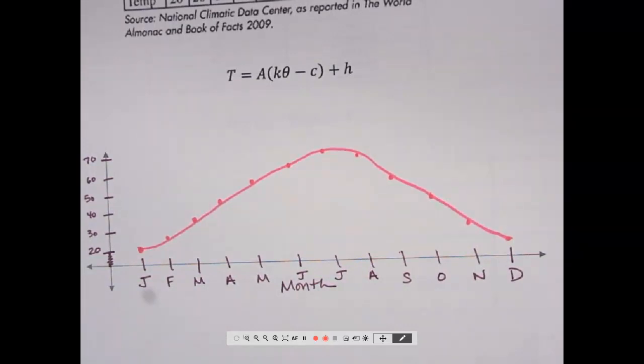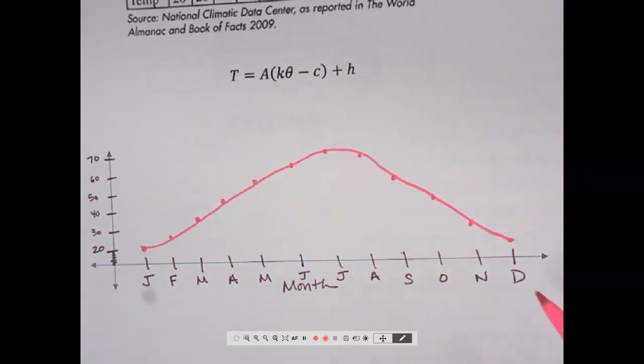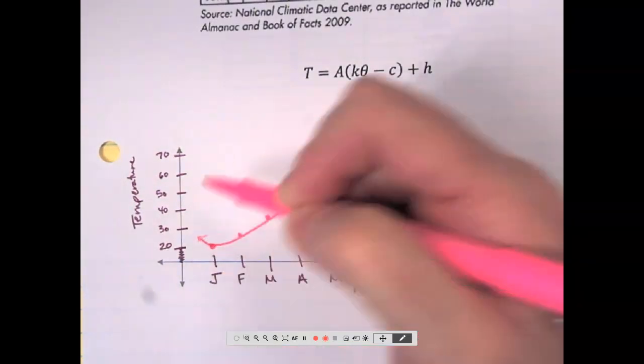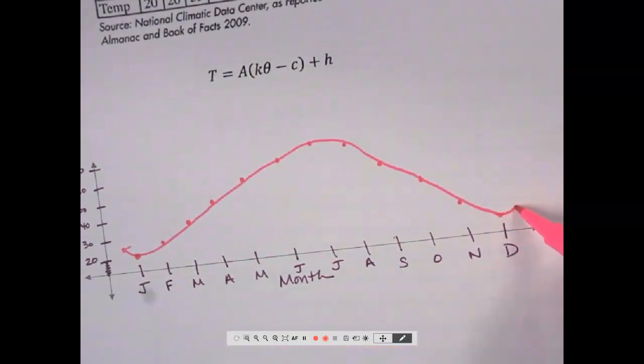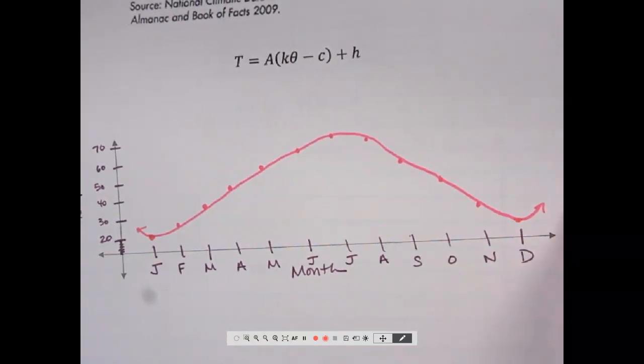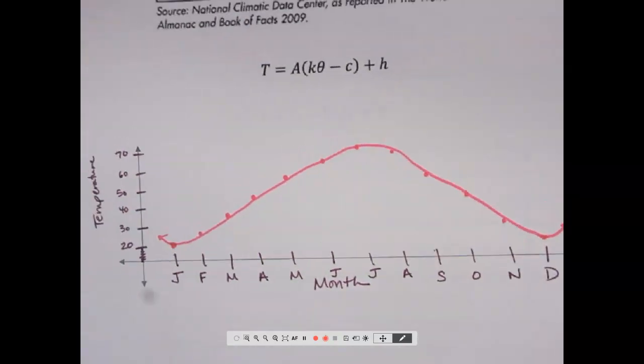So it's not going to be an exact sinusoid every single time, but it should represent a sinusoidal nature. Now, this is going to keep occurring, right? So I could actually just sort of curve that back up, because those temperatures aren't going to keep going down. They're going to turn when we get back to the next January and February and start heading back up again.